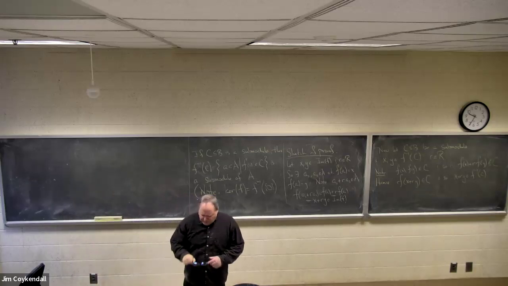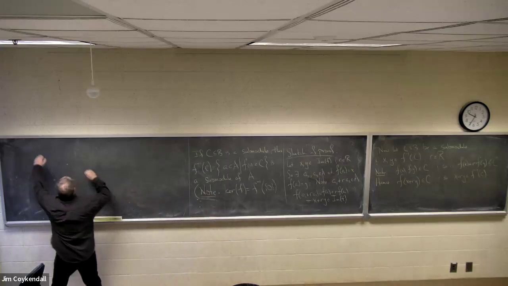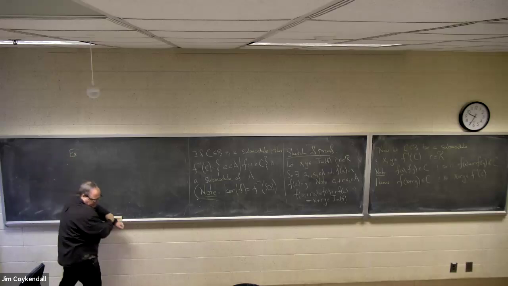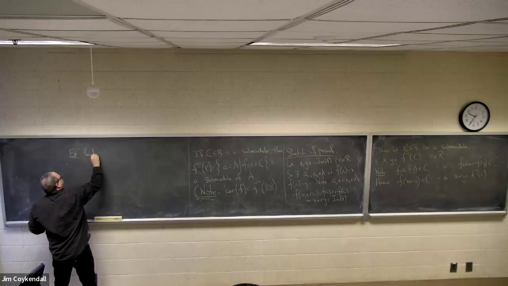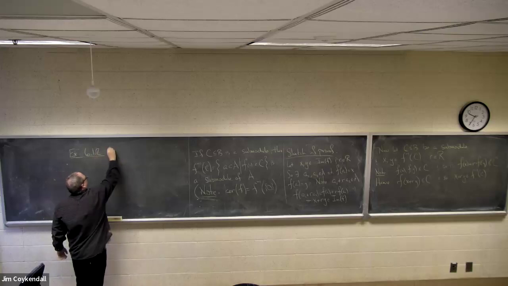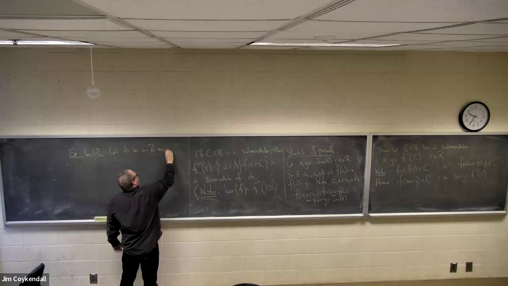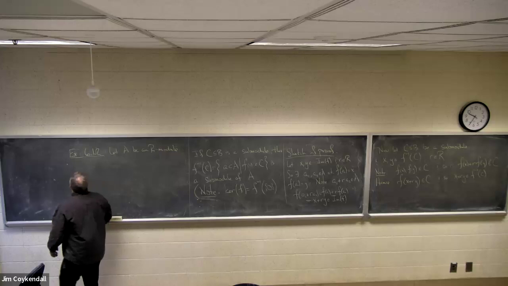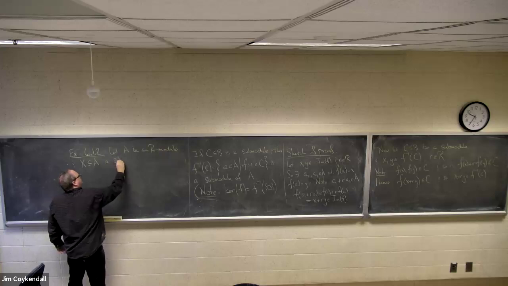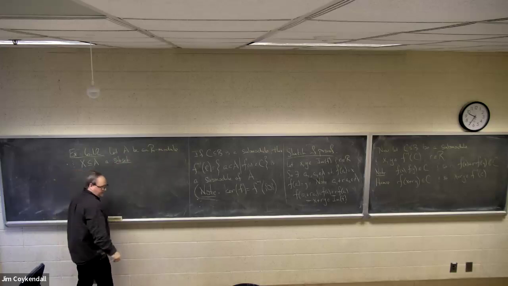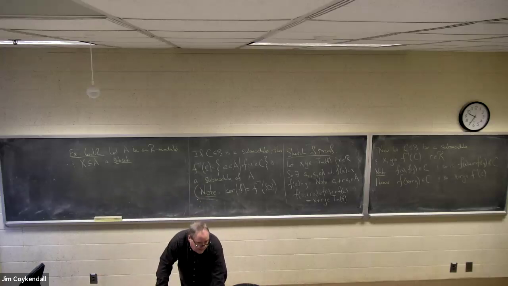For this one, let's suppose that I have my favorite R module A. Let A be an R module, and X a subset, any subset, no structure, just some collection of stuff. In fact, it could even be empty.